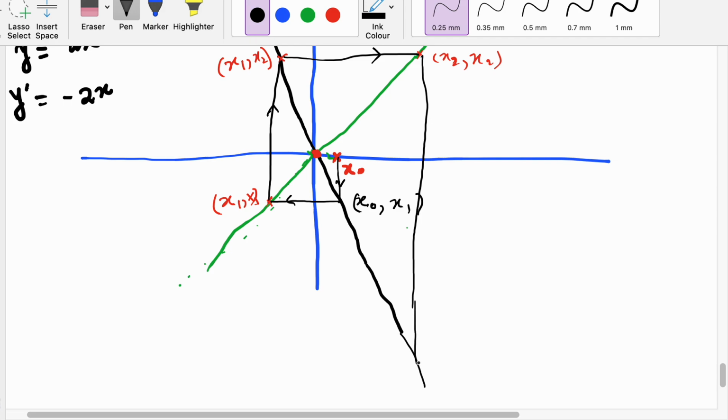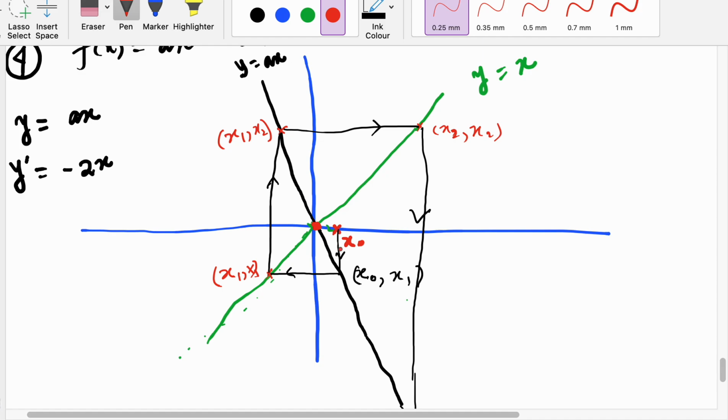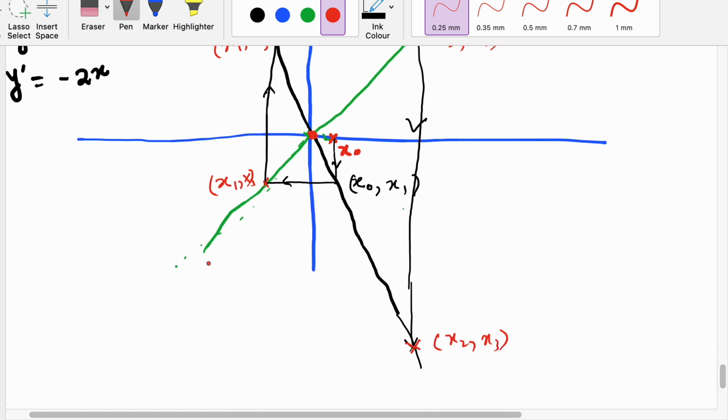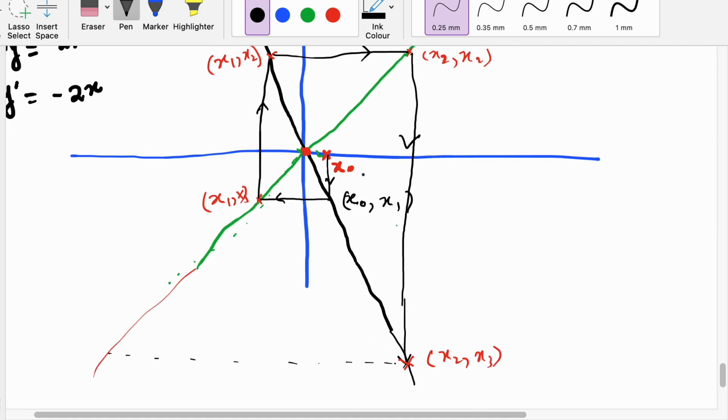It's going further outward. That's how you see this x0 point going out in this fashion. It goes to the negative side from x0, then comes back to positive. This is x0, this is x1, this is x2, then this becomes x3.